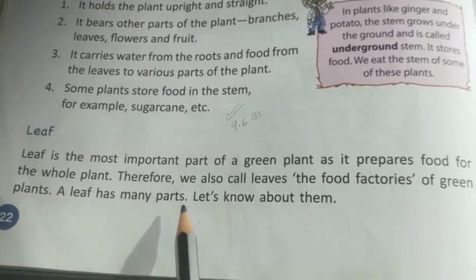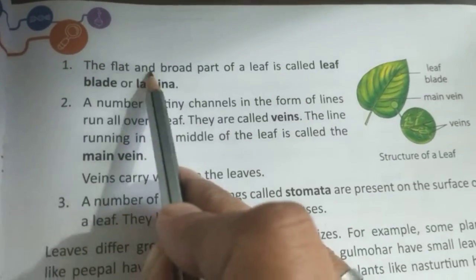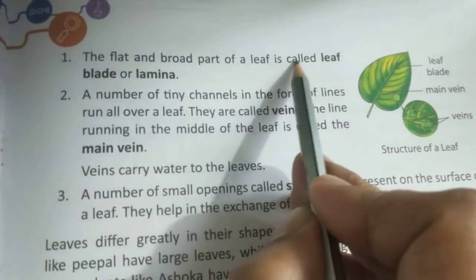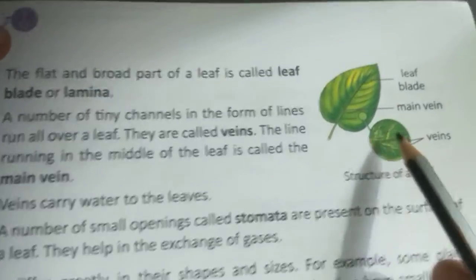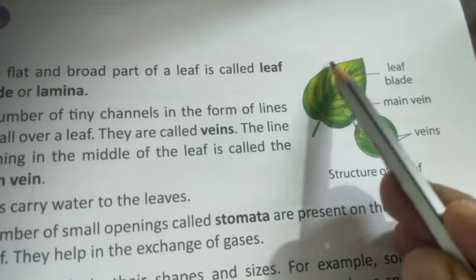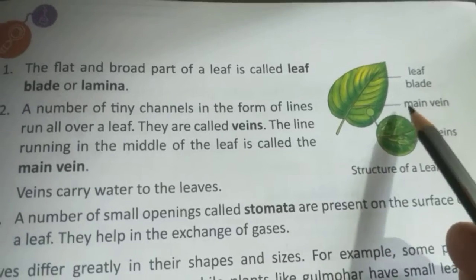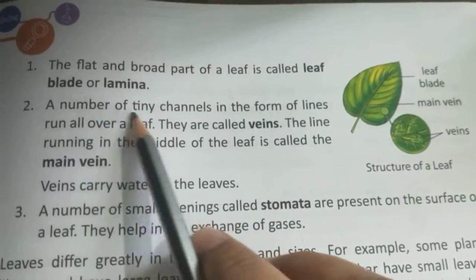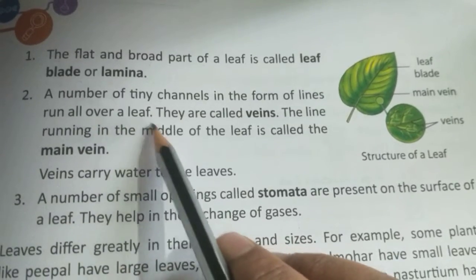A leaf has many parts. Let's know about them. The first one is the flat and broad part of a leaf, called the leaf blade or lamina. You can see here, this is the broad part of the leaf. A number of tiny channels in the form of lines run all over a leaf.